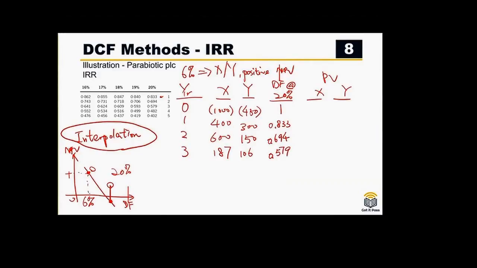So for X, 1,000 is the cash outflow, and for the first year is 333, and then 416. The last year is 108. If you sum them, altogether it is minus 143.